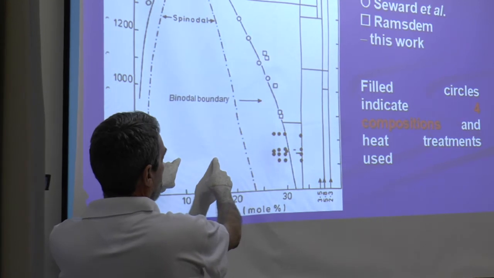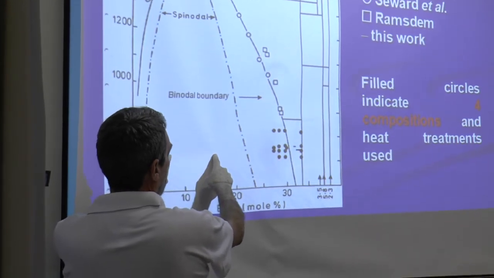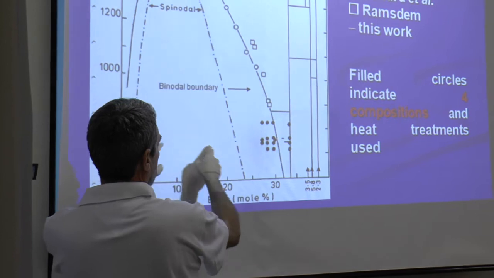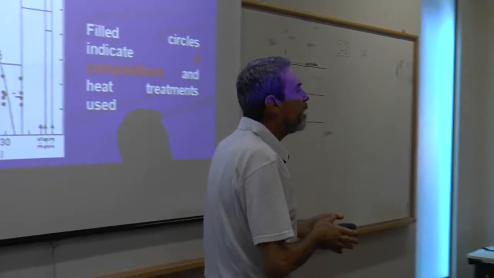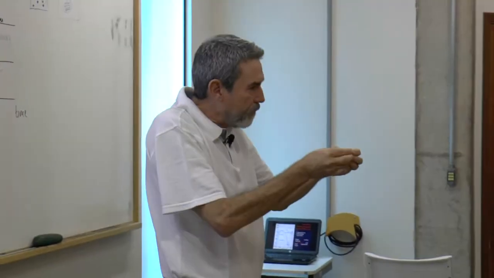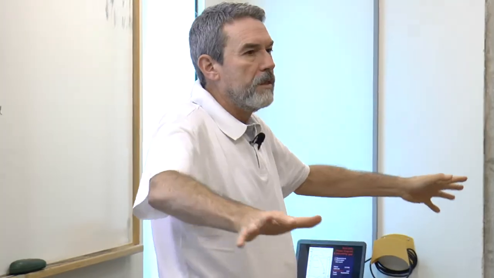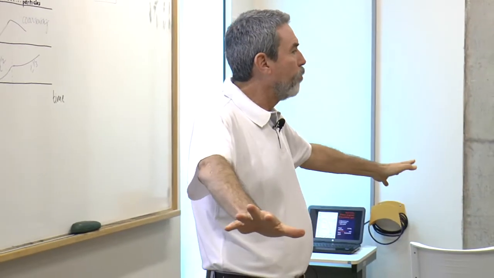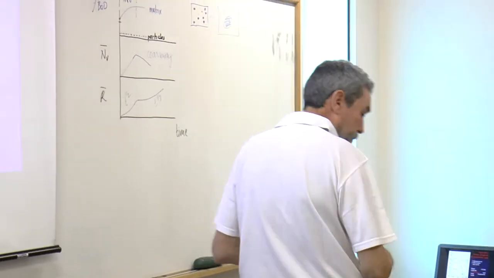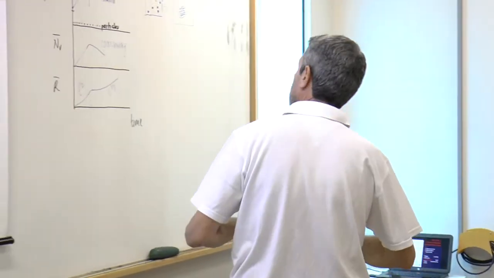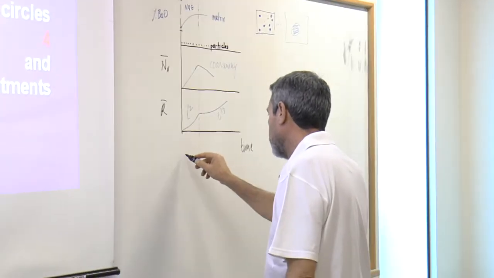Later on, one phase here, the other one here. This is a decomposition, it's not nucleation growth. So any tiny fluctuations in chemical composition will separate into two phases.